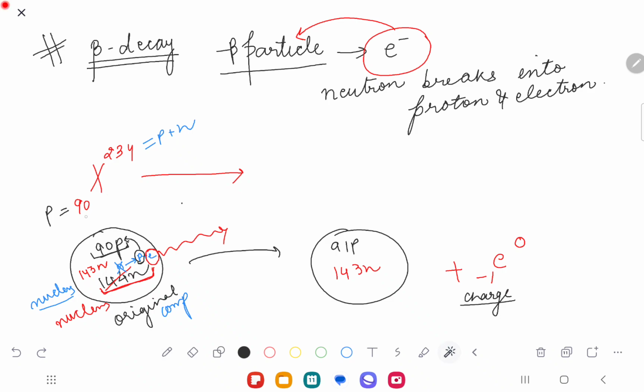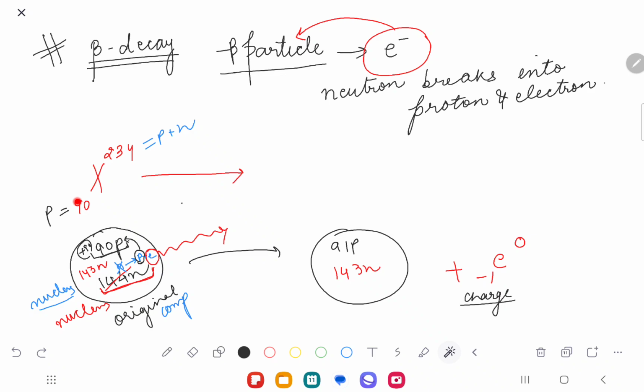Now you tell me, here if I write down 90, I hope you understand that in this particular nucleus, there are 90 protons. What does 90 protons mean? That a charge of plus 90 is there, because neutrons do not carry any charge. So basically, plus 90 is representing the charge of the X element inside the nucleus.